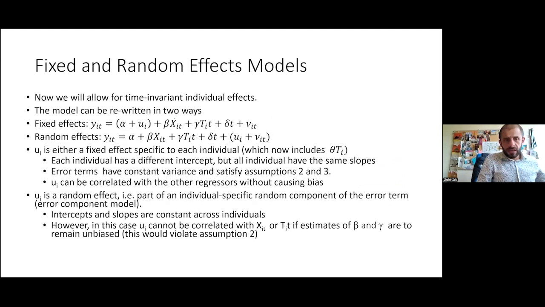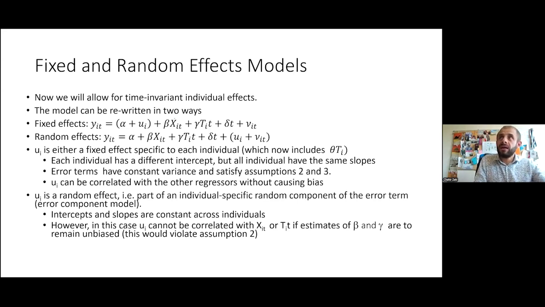So basically, what we do in the fixed and random effects is I'm going to write the initial model differently. I remind you that in the initial model, I had an individual component and the error term, right? So what I will do in this case, I will take out from the error term the individual component, and I will add it with the intercept of the model.